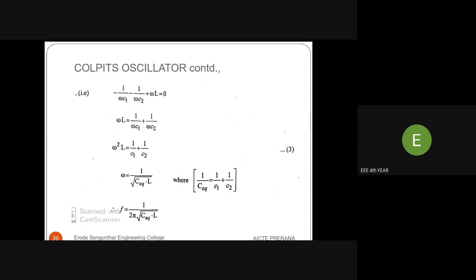Now rearranging this equation, we get omega L equal to 1 divided by omega C1 plus 1 divided by omega C2.